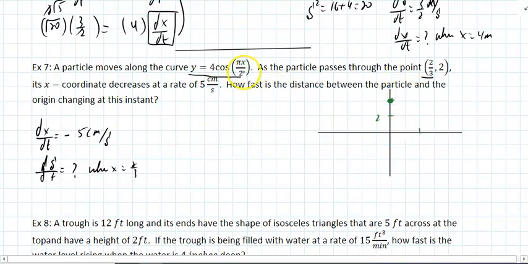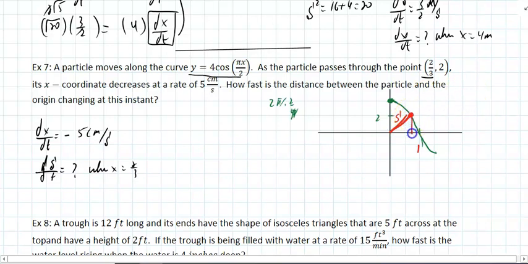Period is 2 pi divided by, multiplied by 2 over pi, that's 4 units. So this is 1. There's the graph. So at 2/3, if this is 1, 2/3 is about right there. At that one point, they're asking, how fast is the distance between the particle and the origin changing at this instant? There's the distance, there's s.